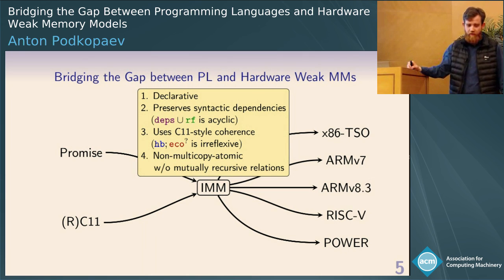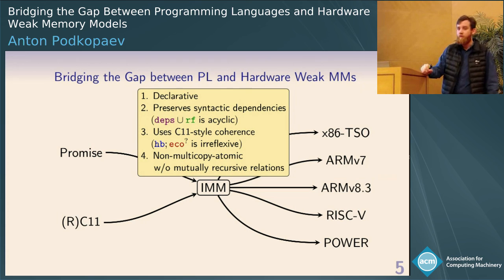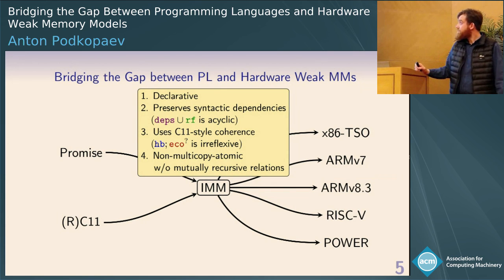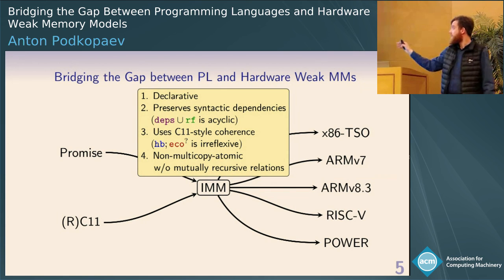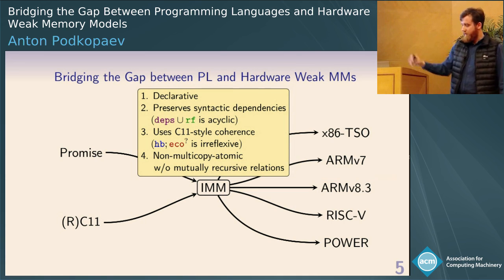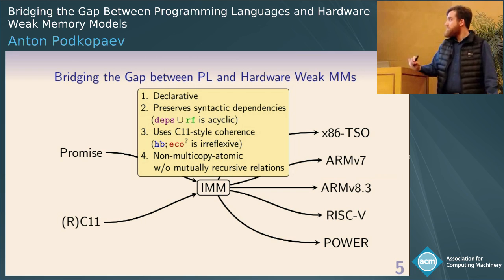Also, the model itself is non-multi-copy atomic as it's an abstraction over ARMv7 and Power architectures, unlike ARMv8.3. However, unlike ARMv7 and Power architectures, the definition of IMM is quite simple compared to them.